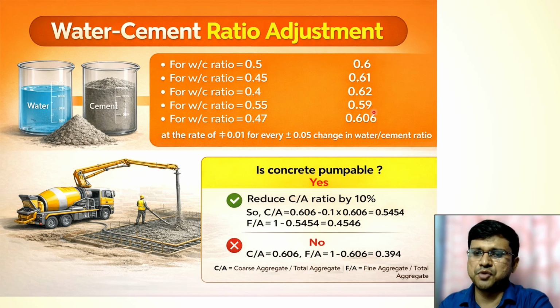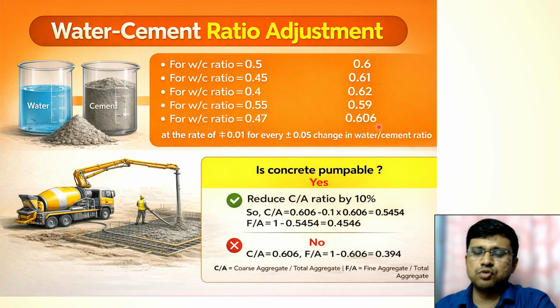So it will become 0.59. So by using the unitary method, if the water cement ratio is 0.47, that means 0.03 less from 0.5. At that time we have to use the unitary method and we will get our value of coarse aggregate by total aggregate ratio as 0.606.